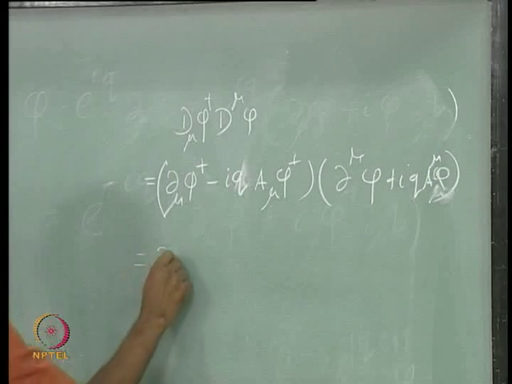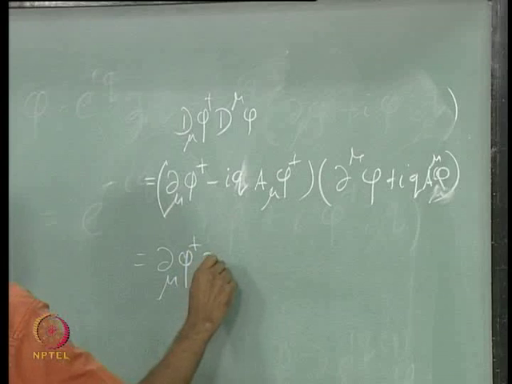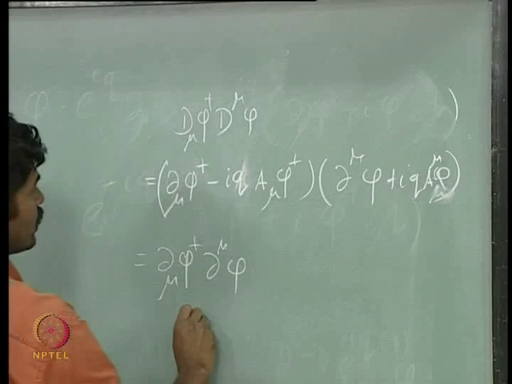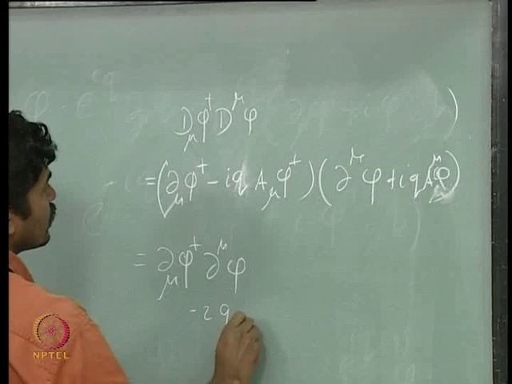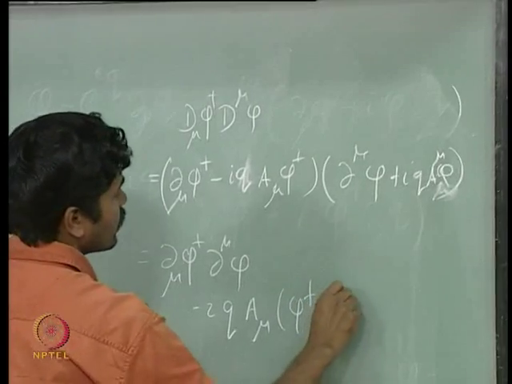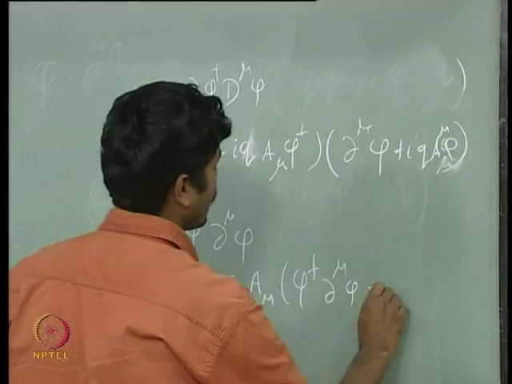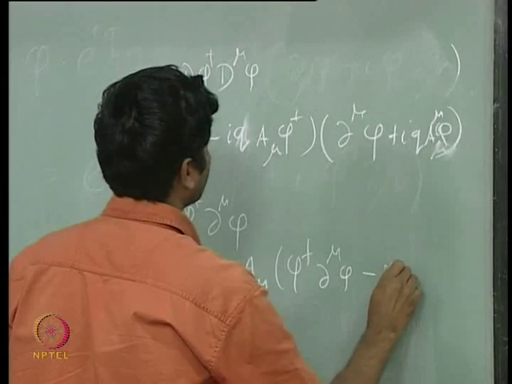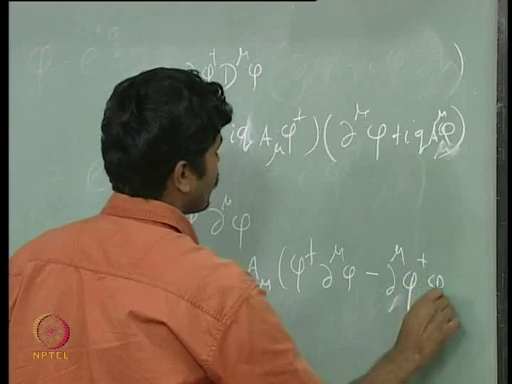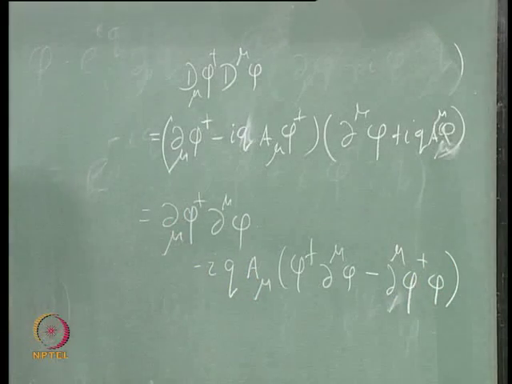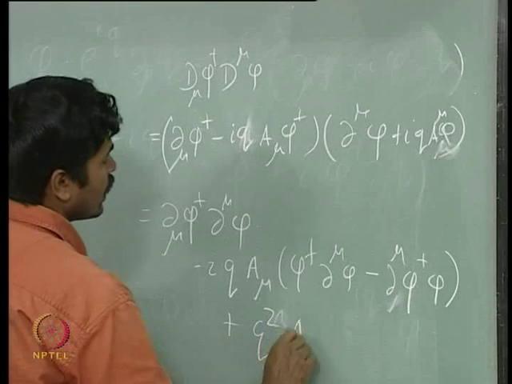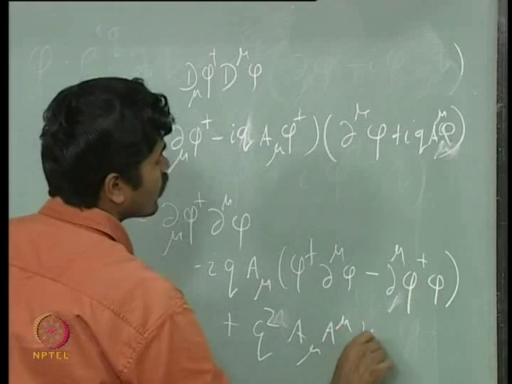So, this is ∂_μ φ† ∂^μ φ, minus i q A^μ times (φ† ∂_μ φ minus ∂_μ φ† φ), and then plus q² A_μ A^μ |φ|².